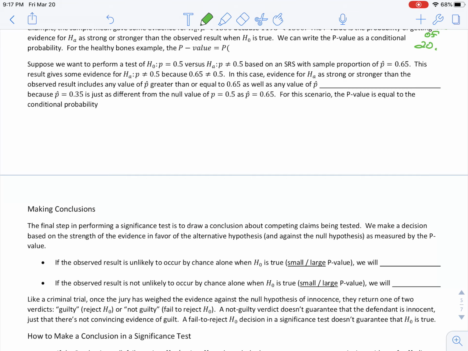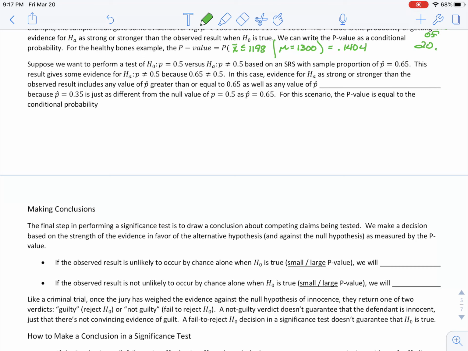So for this healthy bones example, we could say that the probability of getting a sample mean that is equal to 1198 or smaller, so less than or equal to 1198, given that the null hypothesis is true, so given that mu is 1300, that probability is the 0.1404.